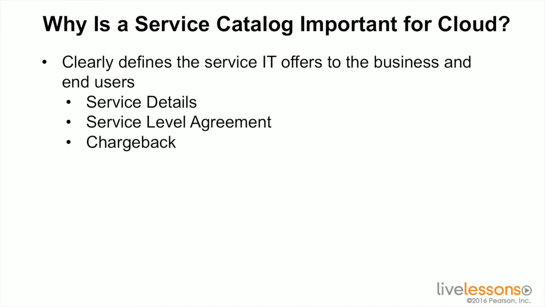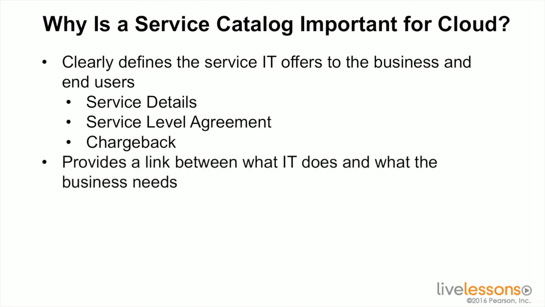In addition, you'll also have concepts like chargeback. So that's one way that we mentioned before that IT can pay for different services. Well, the chargeback concept can be tied into that services catalog so that you've got the ability to know very soon and right up front when you order a new service out of the service catalog how much it's going to cost you, how it's billed, and all these other aspects of it.